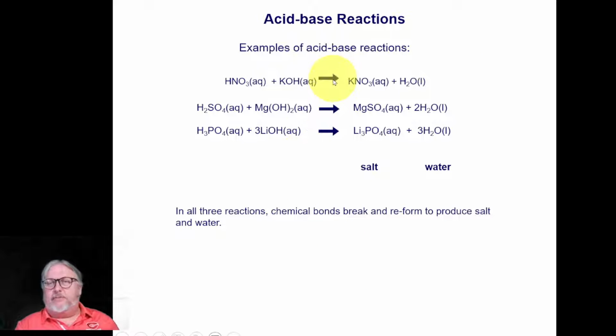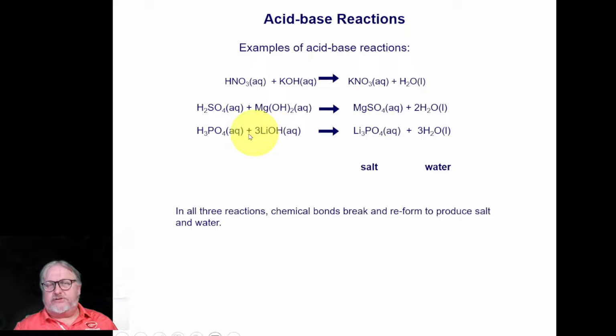Here are some examples of acid-base reactions. Nitric acid and potassium hydroxide will form potassium nitrate and water. Sulfuric acid and magnesium hydroxide will react. The bonds will break and new bonds will form. You'll form magnesium sulfate, aqueous, which is still soluble, and water.